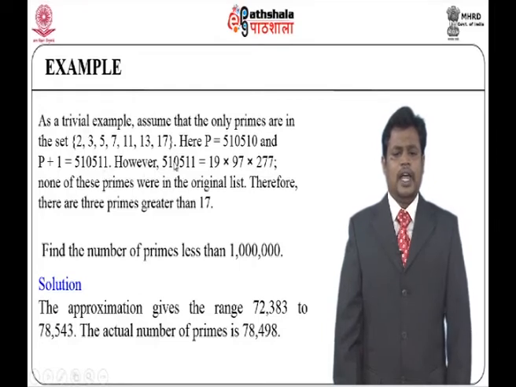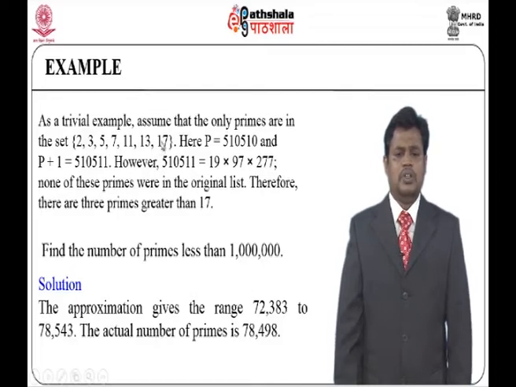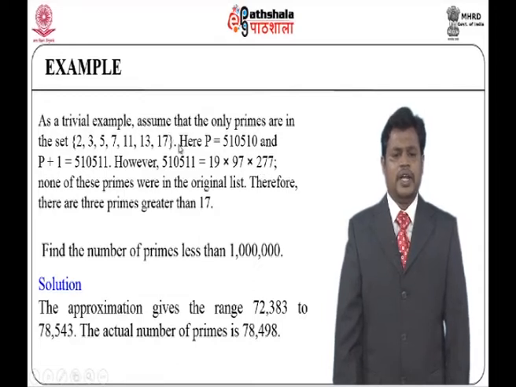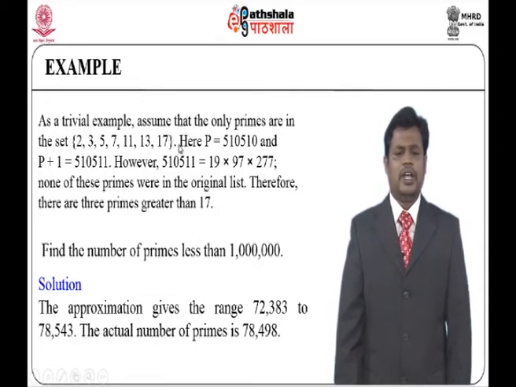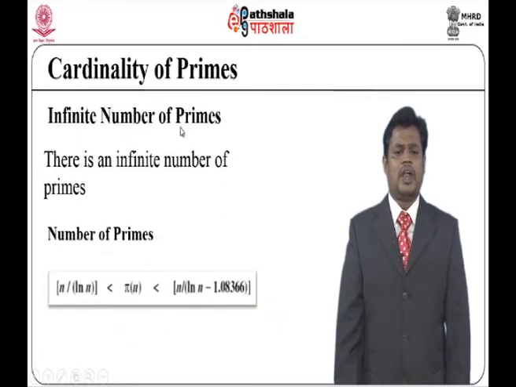I can factorize this into 19 into 97 into 277, where 19, 97 and 277 are not in this set, because the set has primes only up to 17. Since 19, 97 and 277 are not in the set, we can say that there are infinitely many primes.